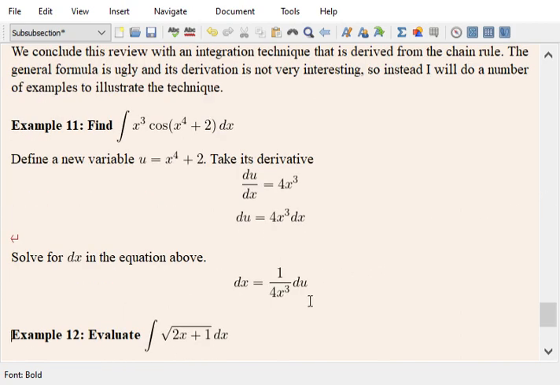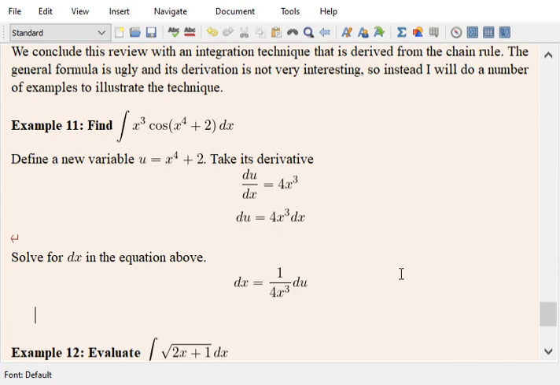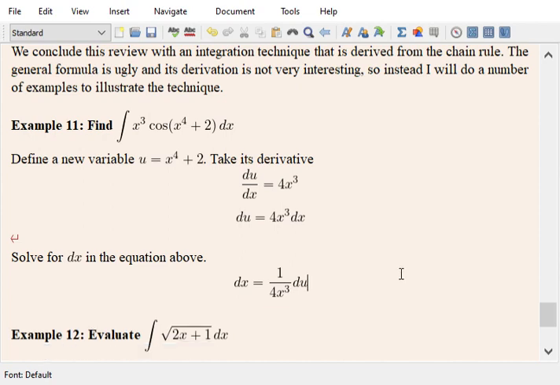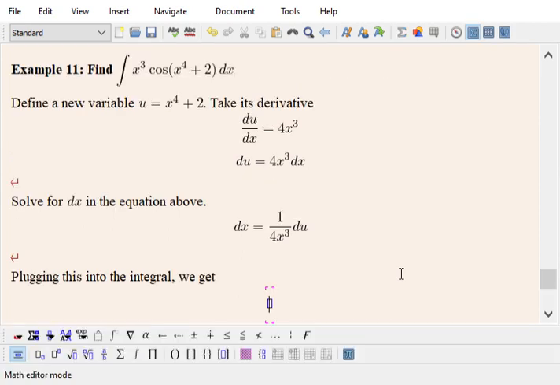Okay, now why did I do that? Because now I'm going to take this expression for dx and plug it in here in the integral. So I'm going to plug our information into the integral.